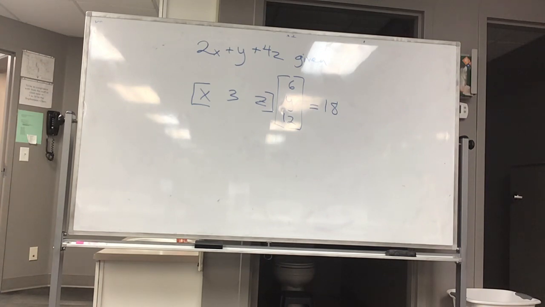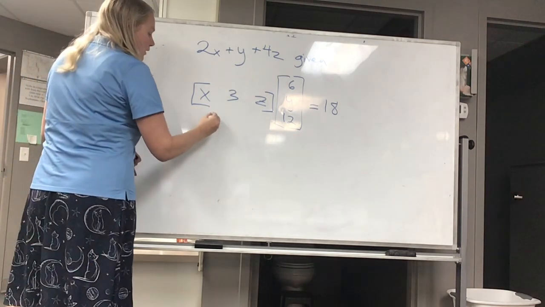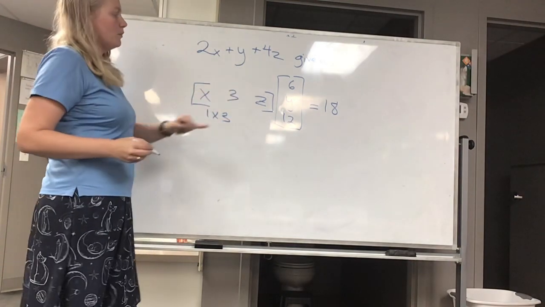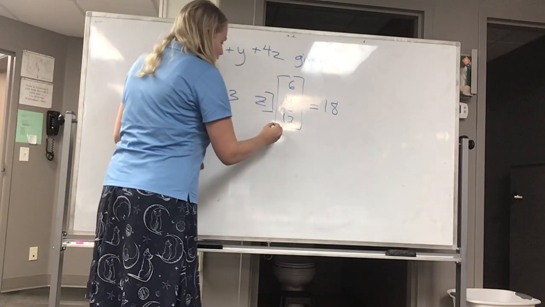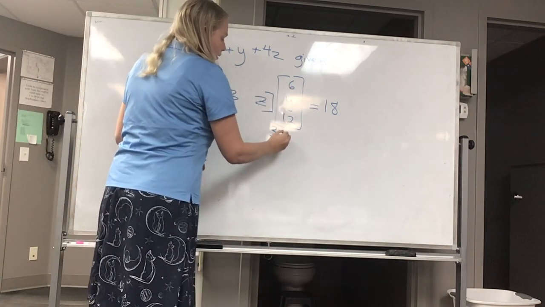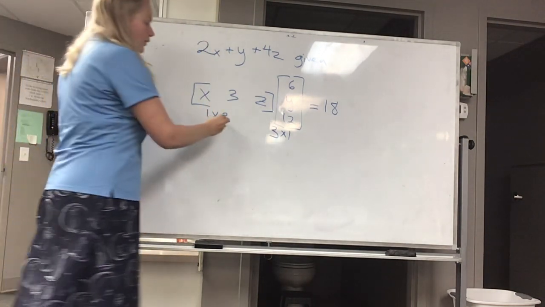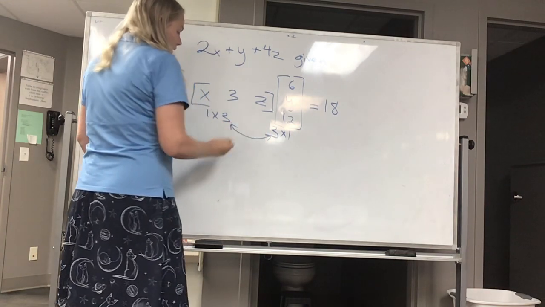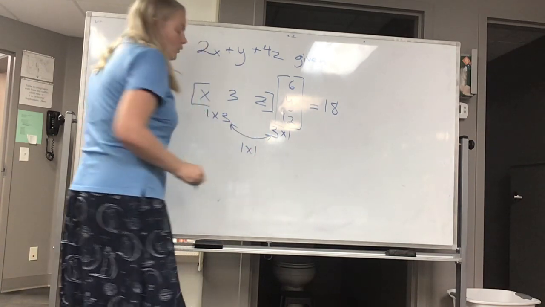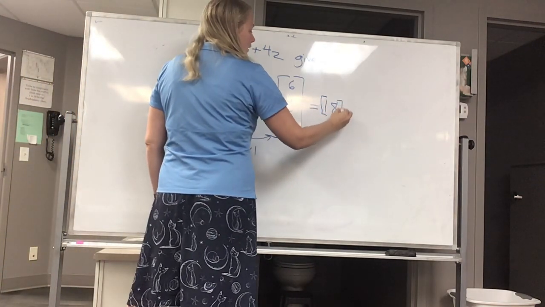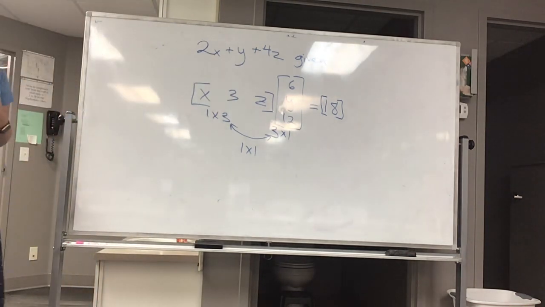Okay, this is multiplication. We have a matrix that is 1 by 3, 1 row, 3 columns, and a matrix that is 3 rows by 1 column. They are being multiplied together and getting an answer that's the resultant 1 by 1, which is the answer 18. So, knowing that, can you multiply this out?